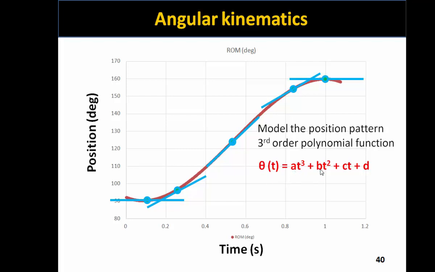A, B, C, and D are coefficients of this function that are specific to each individual knee extension task, even for one person if they perform multiple knee extensions, or between people. So the coefficients will be specific to the individual repetition. However, the overall form of the function will be used to model that pattern.